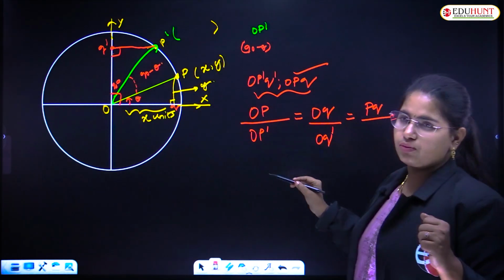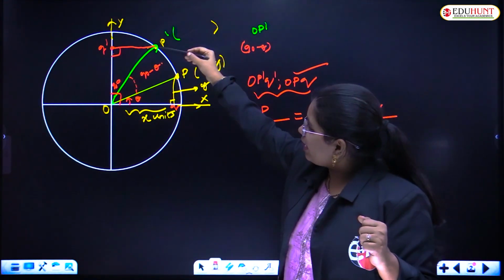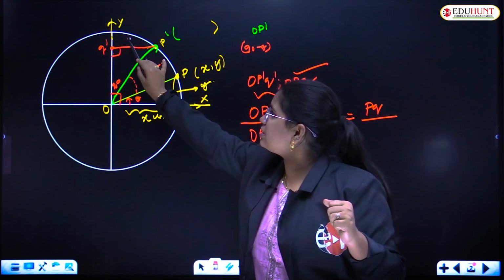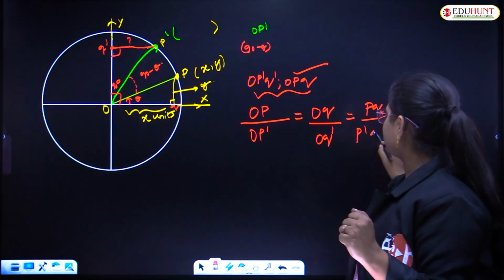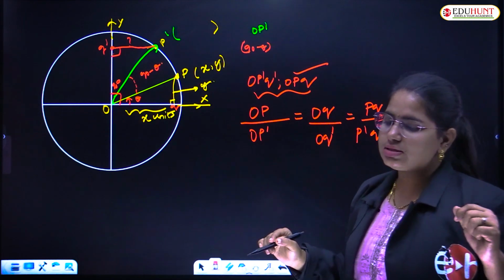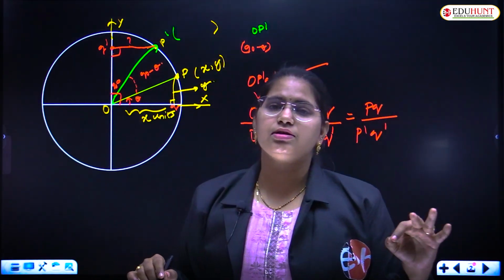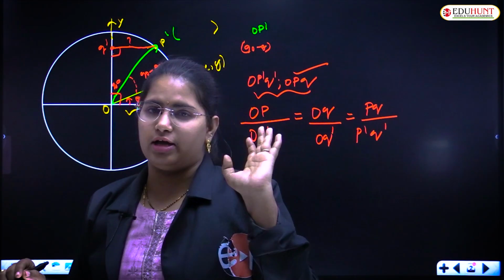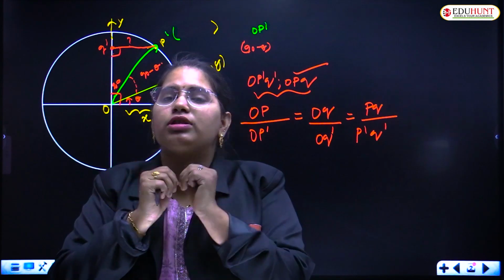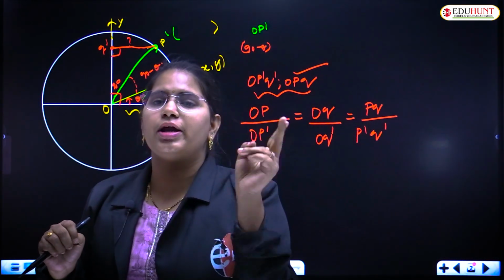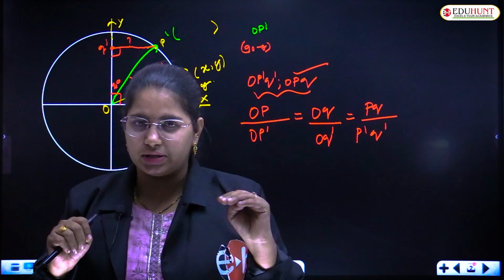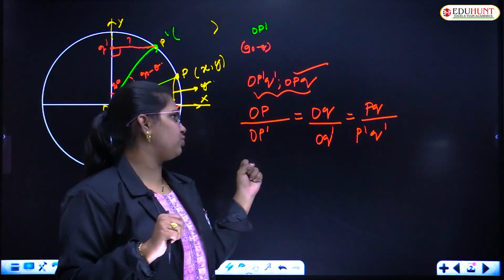PQ is equal to, what is the adjacent side of this figure? This is P dash Q dash. Correct. So we get P dash Q dash. Understood? This I have written by the congruency property of triangles. Both triangles I have taken here: one is OPQ, the other one is OP dash Q dash. Clear with this? Chalo. Next one.